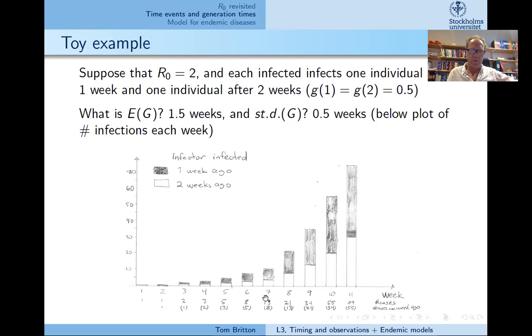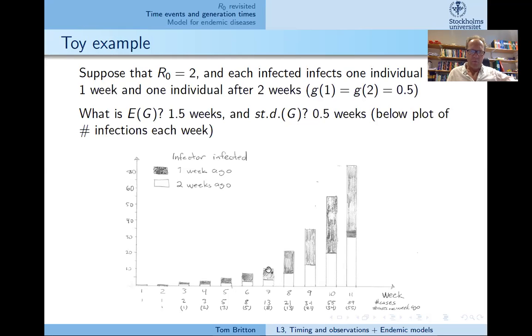I want to explain it in detail. In the bottom row, I have listed, out of the people that are infected this week, how many were infected by people infected 1 week earlier. So here in total there were 13 people infected, 5 from here and 8 from here. So here I have listed how many of these people were infected by these guys 1 week earlier.